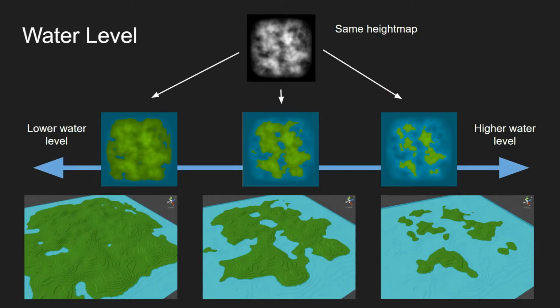So once I have the Heightmap for the island, I can adjust the water level. As you can see, different water levels give different results. For example, a higher water level gives more feeling of archipelago, whereas a lower water level is more like a big square island with a lot more landmass.